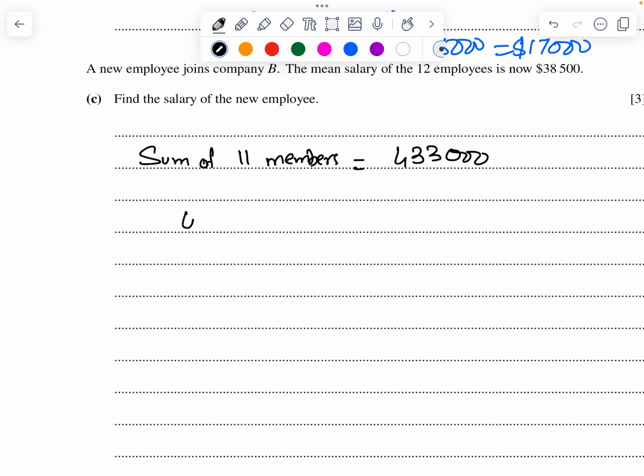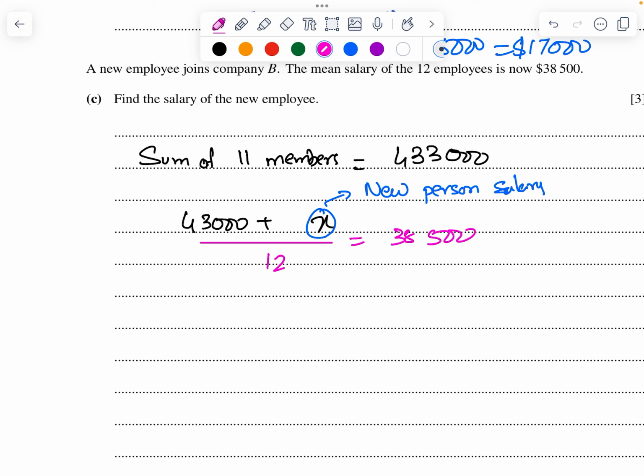Now 433,000 plus the 12th person's salary, the new person's salary, X. Divided by the total, which is 12, should be equal to 38,500.